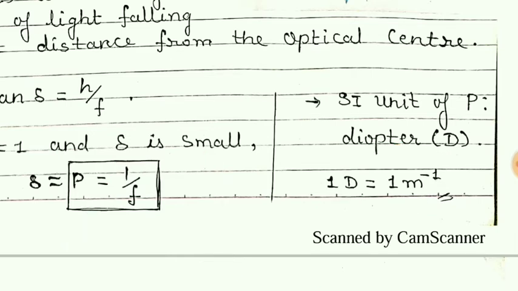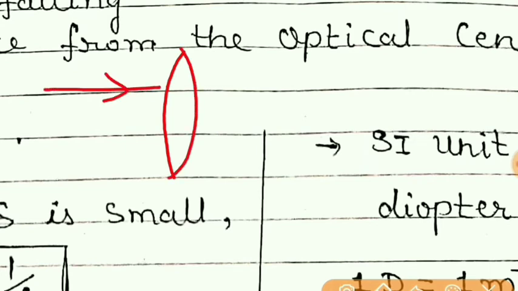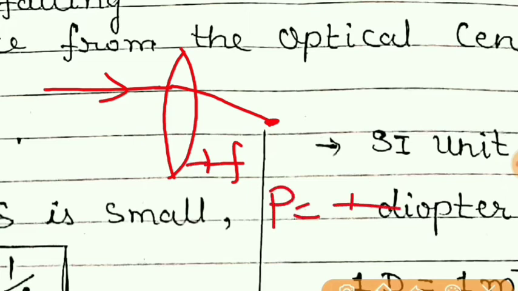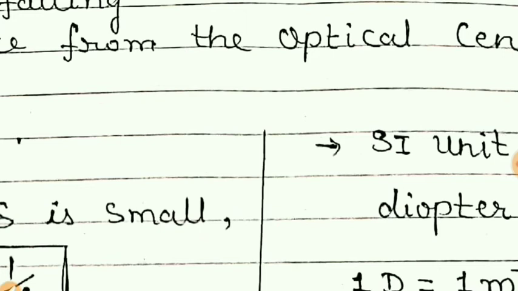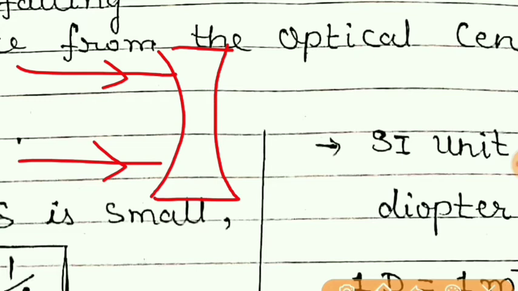Now students, if the lens is convex, then we know that the rays converge on this side, and so focal length is positive. And if the focal length is positive, power is also positive. So for a convex lens, power is positive. But if it is a concave lens, then the rays falling on the lens diverge in this way.